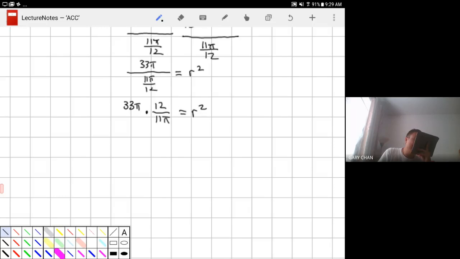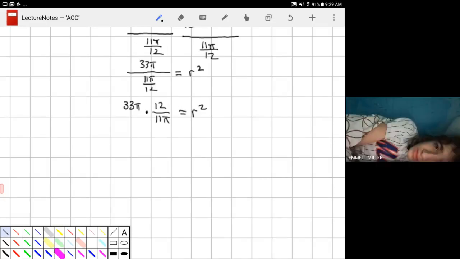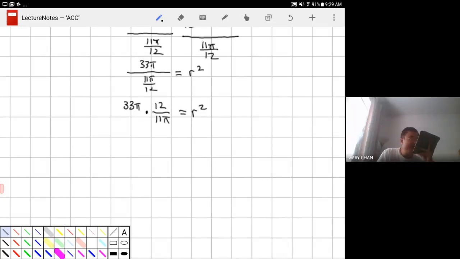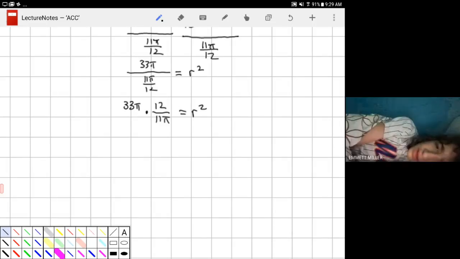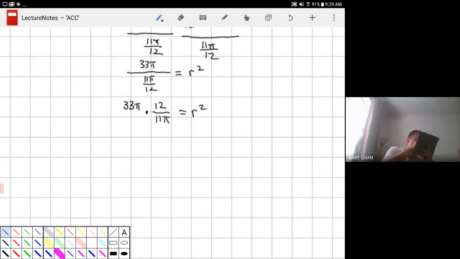Actually, it's not 36 pi, because I have pi in the numerator and pi in the denominator, so they cancel. It's just 36. Look, the pi's cancel, and 33 and 11 cancel to become 3. I'm left with 36 is equal to r squared.